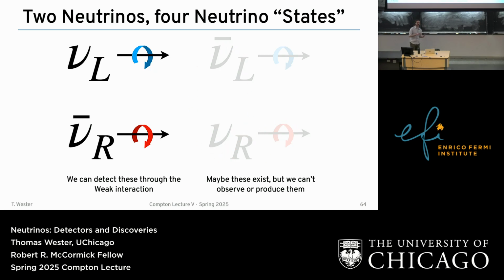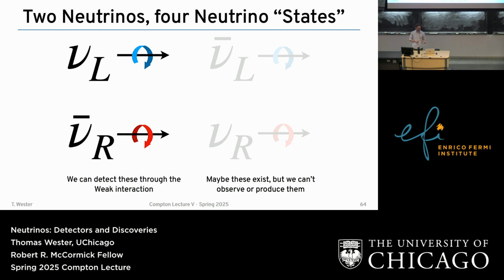So this picture where particles interact with the Higgs boson field to give them mass doesn't really work for the neutrinos, because we would have to see the right-handed neutrino or the left-handed antineutrino for that to happen. Maybe this is the case, but it's very hard to verify, because the neutrino only has weak interactions. If there are other states of the neutrino that don't even have weak interactions, then how would we ever see them?